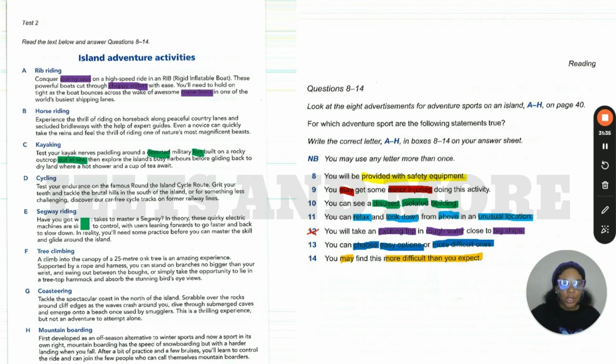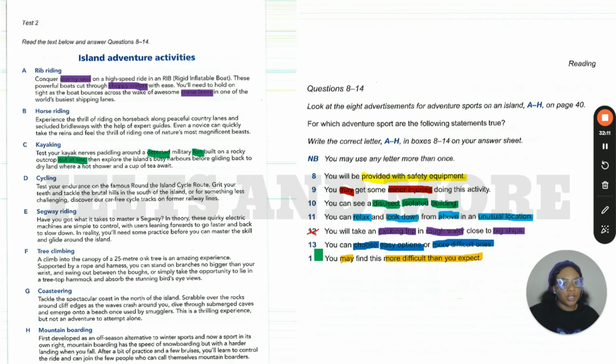So you can see that all the keywords are here, but paraphrased: disused, deserted, military fort, building, then isolated, out at sea. That's the same thing. They said you paddle around a deserted military fort built on a rocky outcrop out at sea. You're going to see this military fort while paddling. Do you understand? So that means number 10 would be C.